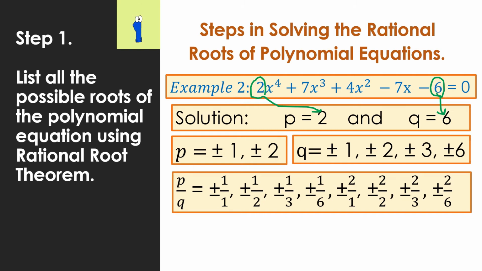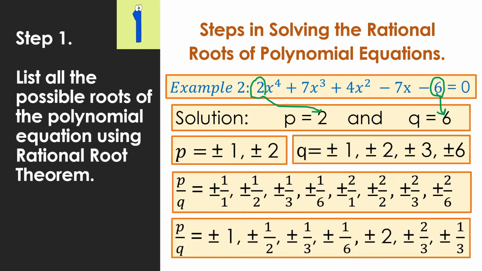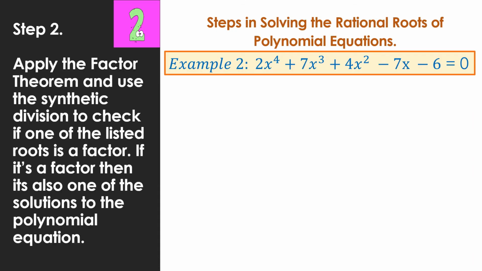And then we will use the 2 over 1 or positive negative 2, then 2 over 2, then 2 over 3 or 2/3, and then 2 over 6 or 2/6. Then the final answer of P over Q is equal to positive negative 1, positive negative 1 half, positive negative 1/3, positive negative 1/6, positive negative 2, positive negative 2/3, and positive negative 1/3.